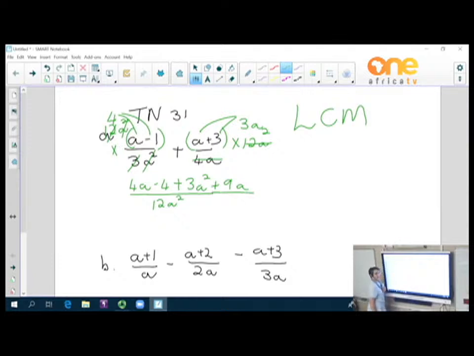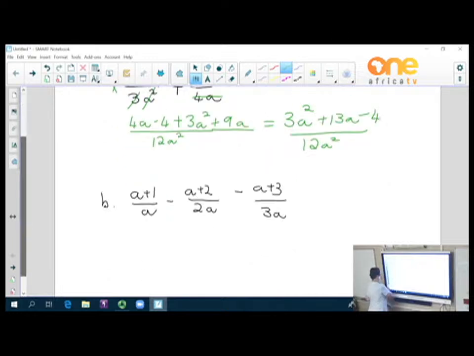And now I add my like terms. So it's going to be 3a squared. Here 4a plus 9a is 13a and minus 4 over 12a squared. So that's the final answer there.